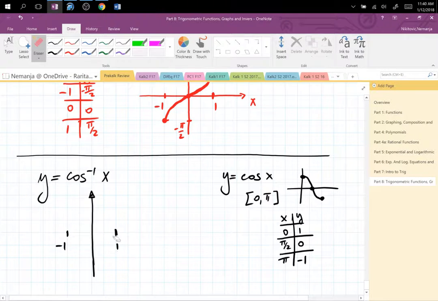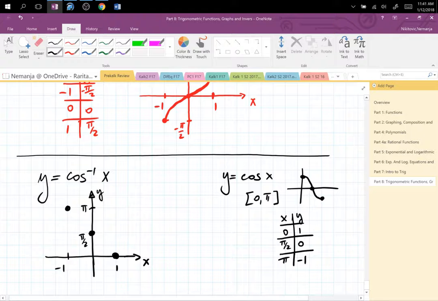So, great, I don't have space. So pi over 2 and pi, negative 1 and 1 on the x-axis. So we start with the 1, 0, 1, 0, and then this one, and then this one, and then we fit the cosine sideways through these points. And there it is, inverse cosine.